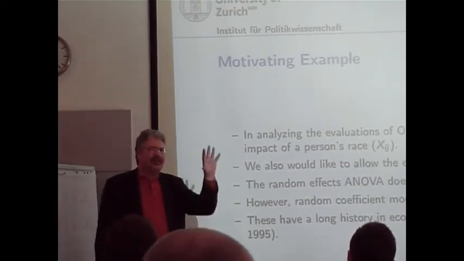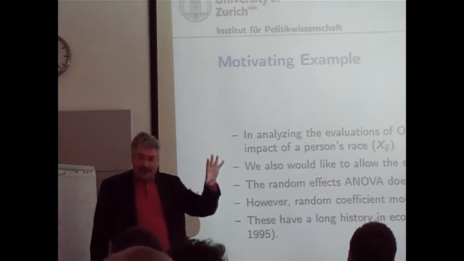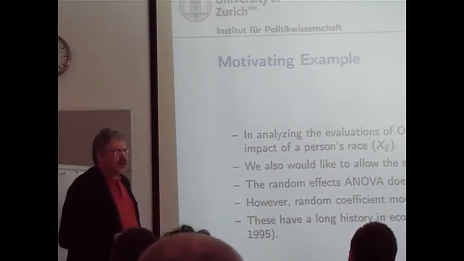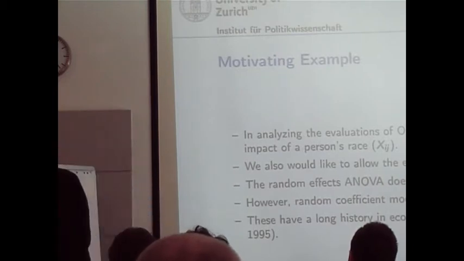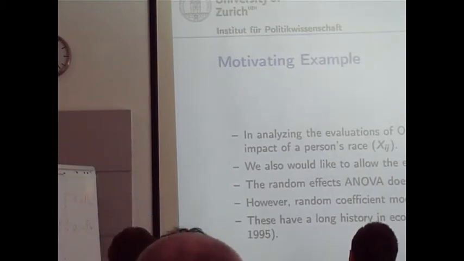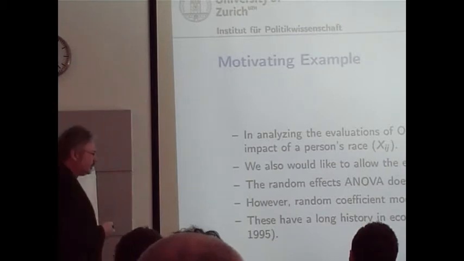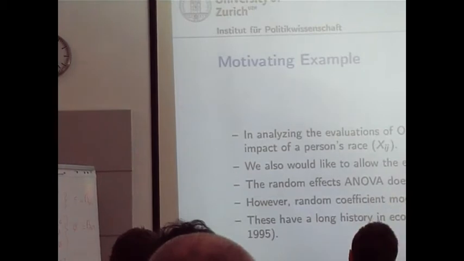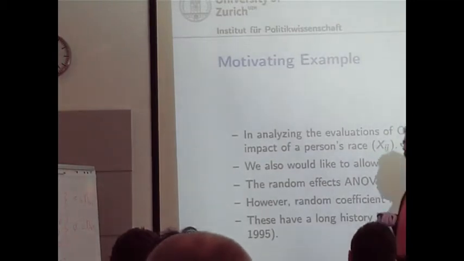In addition, we have an intercept to that model, and we allow that to vary. Now, the random effects ANOVA as such cannot accommodate these explanatory variables, but there is a literature in econometrics on random coefficient models, and they are perfectly suited for this. And they're a very straightforward extension of the random effects ANOVA.